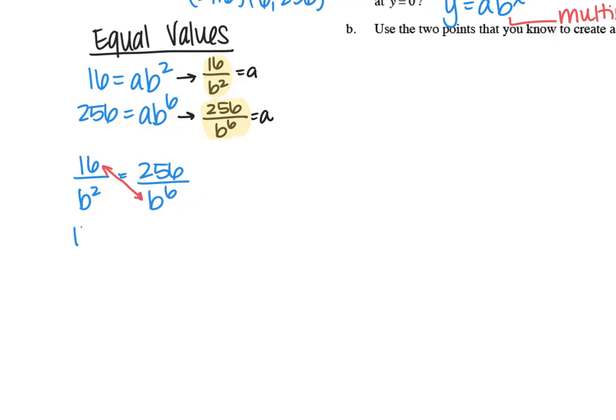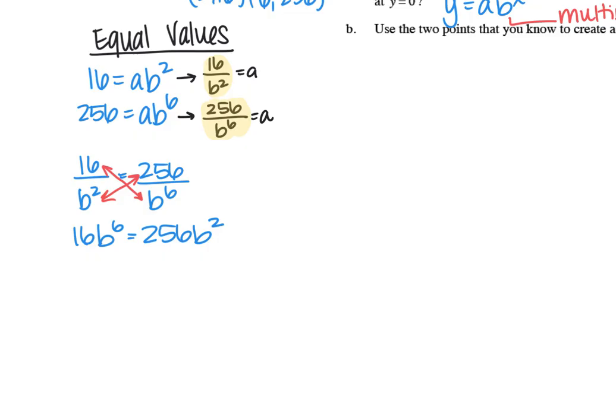That's going to give me 16b to the 6th. And I'm going to set that equal to when I cross multiply going the other direction here, which will give me 256b squared.